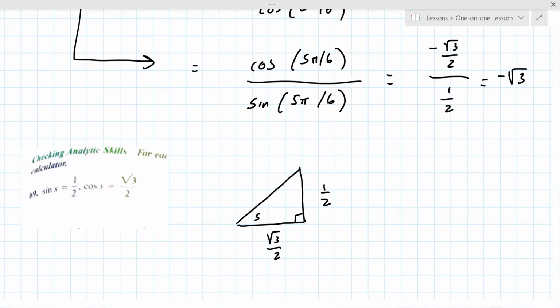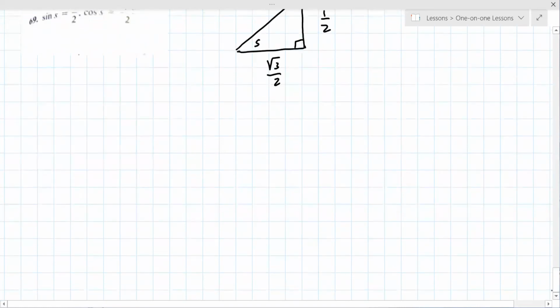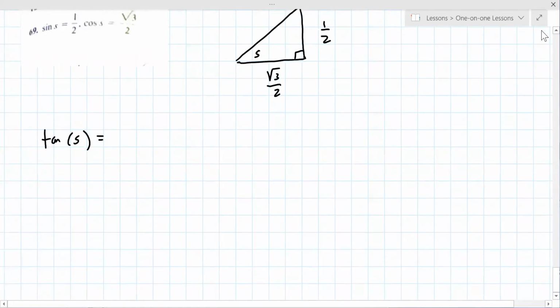To find tangent, rather than using sine and cosine, we're going to use the triangle over here. They're all related. Tangent is the ratio of y over x, or sine over cosine. So it's 1/2 over square root of 3 over 2.